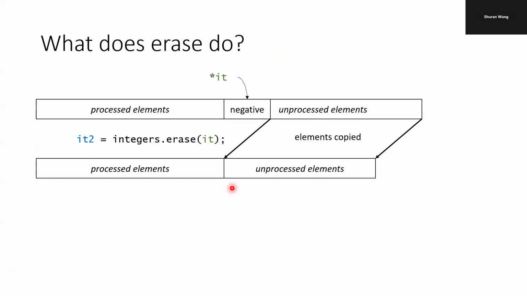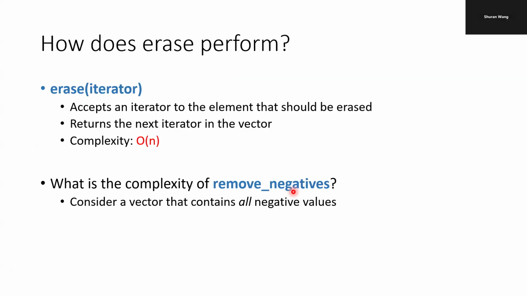And we are returning it, pointing to this element, which is the next element to be processed. That is a sign of O(n) complexity, because we have to copy over many elements to the new vector. So erase itself has the complexity of O(n).